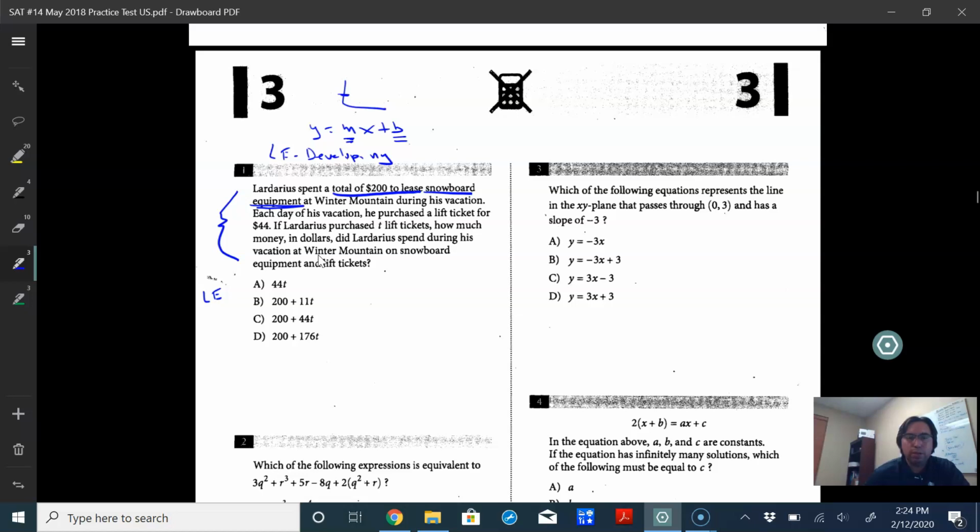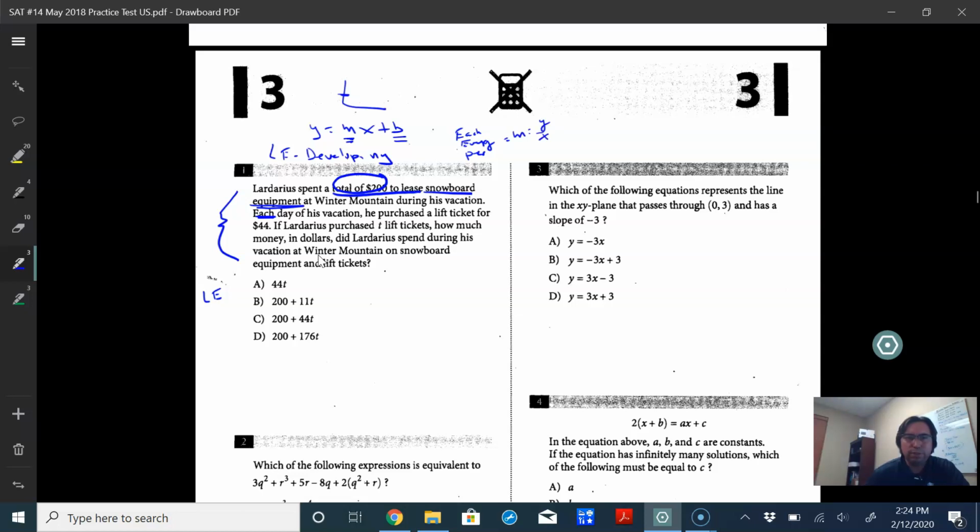So looking at those pieces, we have this information: total $200 to lease a snowboard during each vacation, each day. Remember, if we see each, every, and per, we're traditionally meaning some sort of slope, some y over x.